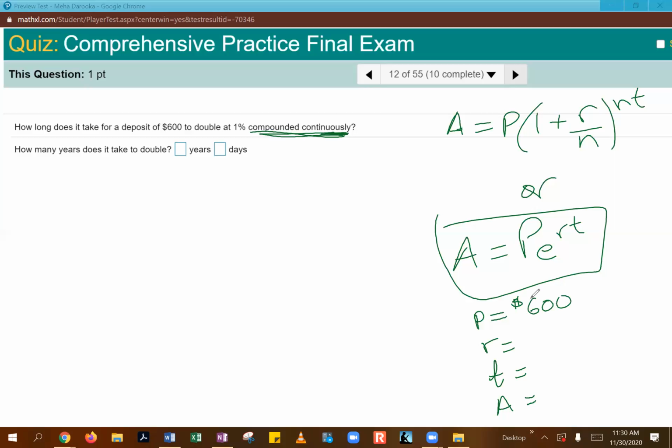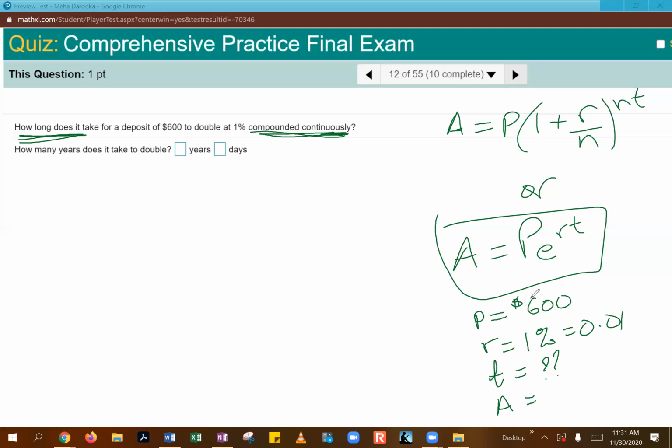Very nice. 1%, which in decimals, Jack, very nice, will translate to 0.01. What's the time in this example? The t value. Yeah, because that's what they're asking you to find. They are saying how long does it take?